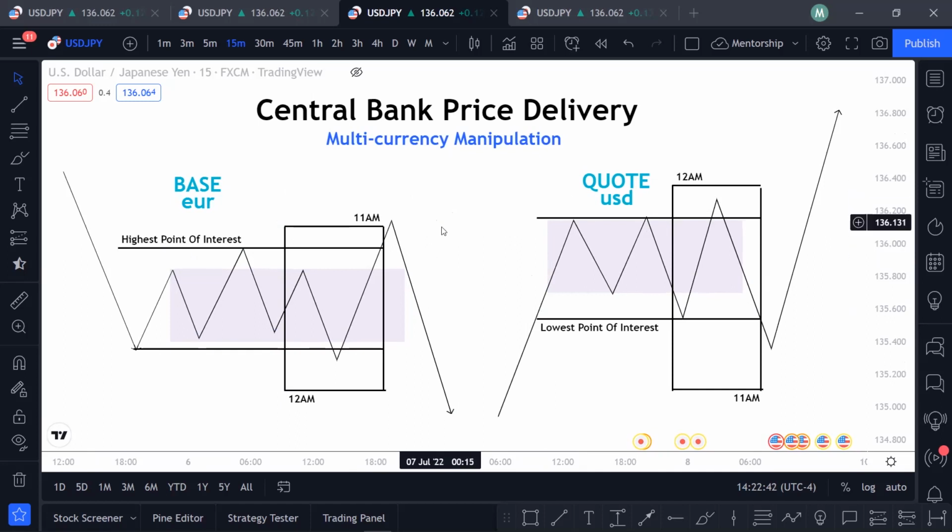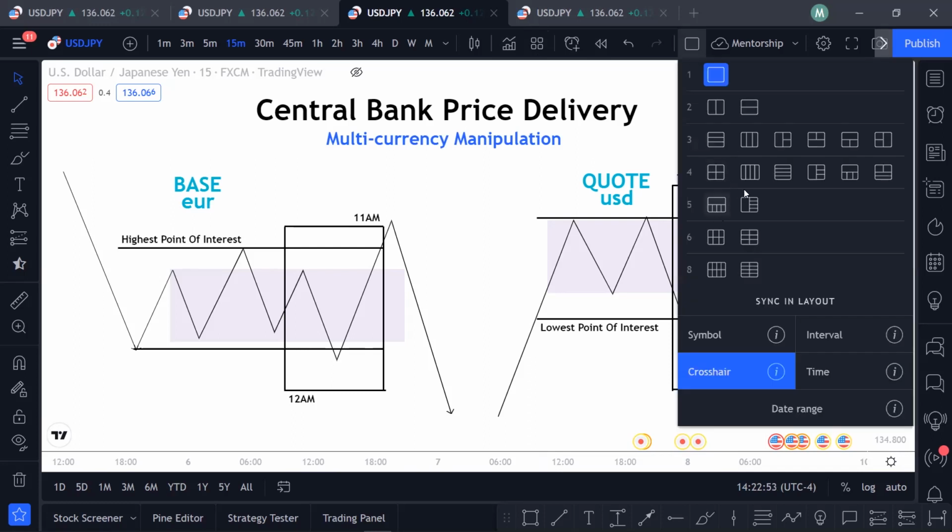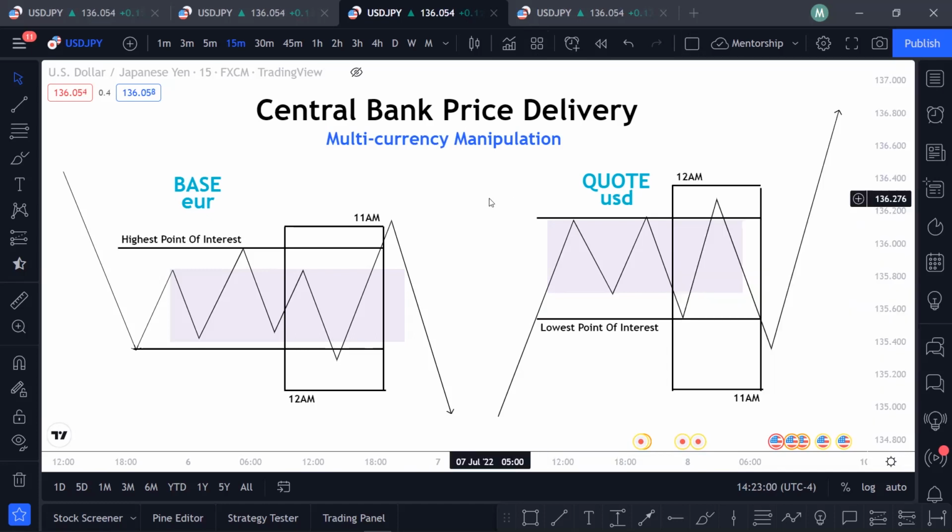The same time, the same minute, the same second. That's why if you are not subscribed to these brokers, these service providers that will give you a multi-view, you're going to miss out a lot. And once you miss what is going on with the currency, you're going to find yourself chasing price.